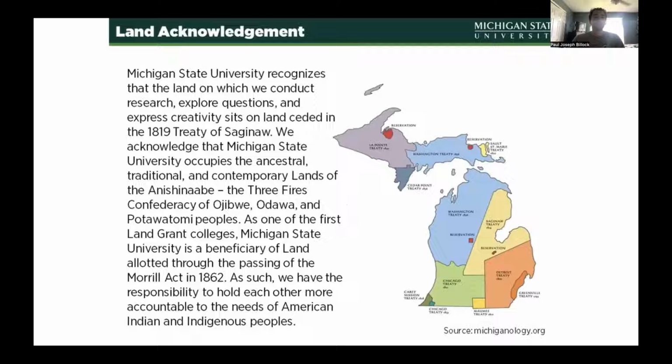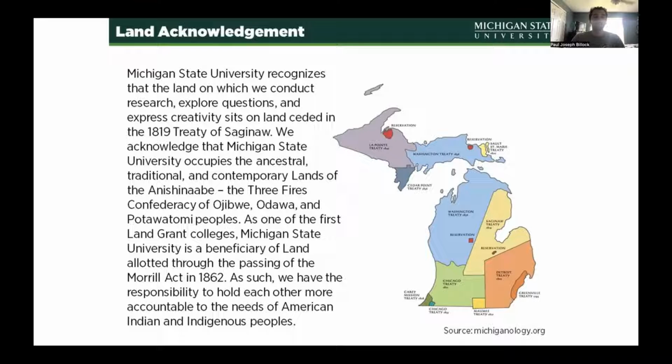Before we begin, I want to recite MSU's land acknowledgement. Michigan State University recognizes that the land on which we conduct research, explore questions, and express creativity sits on land ceded in the 1819 Treaty of Saginaw. We acknowledge that Michigan State University occupies the ancestral, traditional, and contemporary lands of the Anishinaabe, the Three Fires Confederacy of Ojibwe, Ottawa, and Potawatomi peoples.